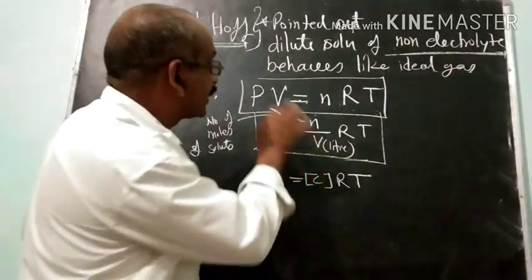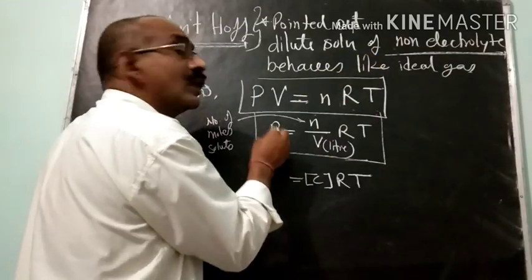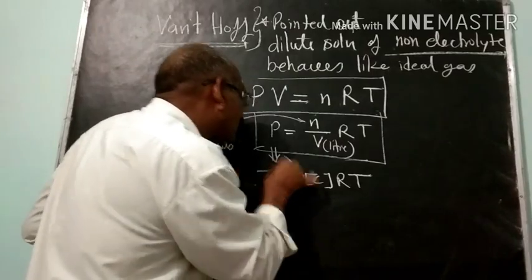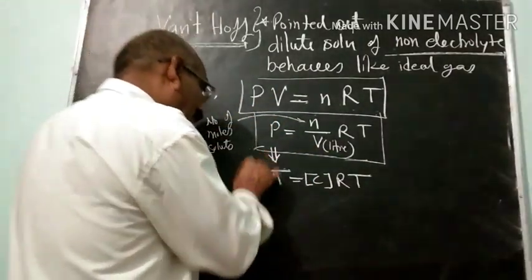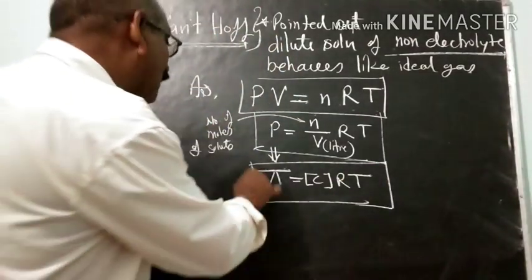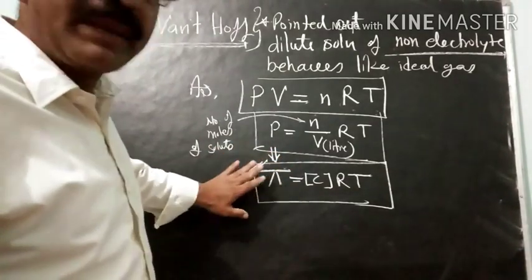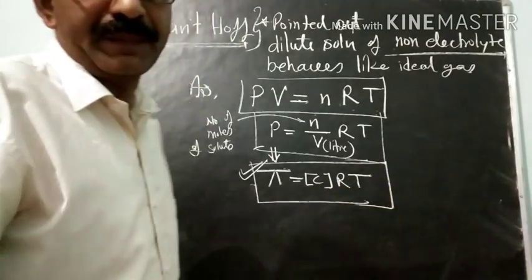Because we are applying this gas equation to a solution, the pressure is replaced by pi, the osmotic pressure.